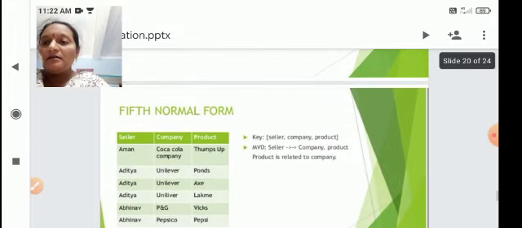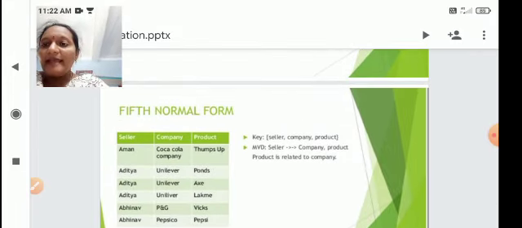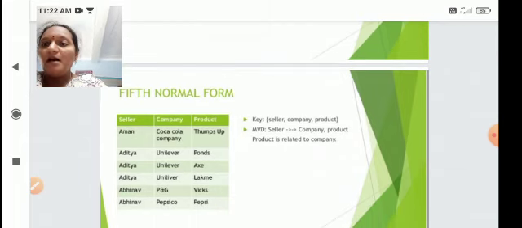For the fifth normal form example, we have seller, company, product. When we take this example, all three are keys, and there is a multi-valued dependency: seller depends on company and product.